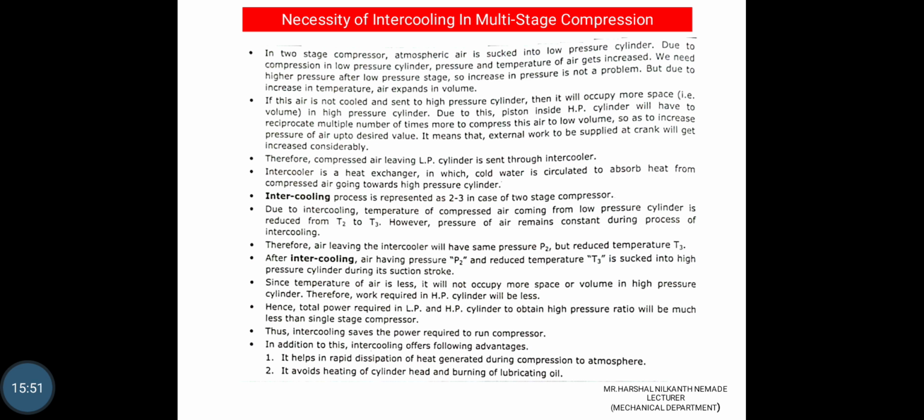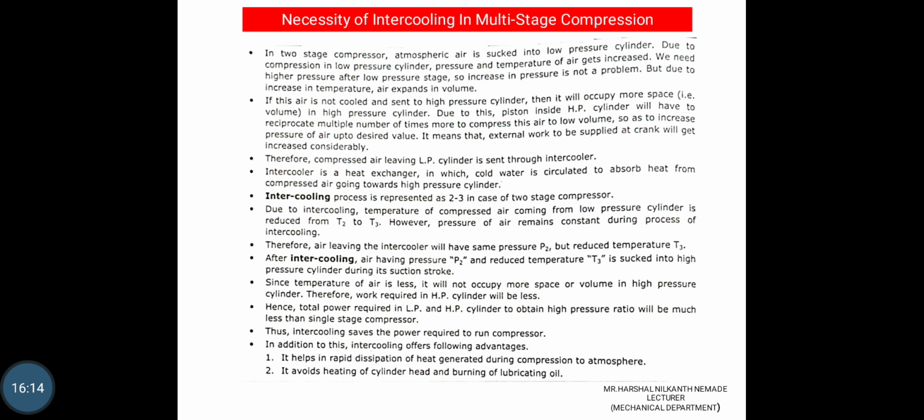Due to the intercooler, the temperature of the compressed air coming out of the low pressure cylinder is reduced from T2 to T3. However, the pressure of the air remains constant during the intercooling process. Therefore, the air leaving the intercooler has the same pressure but reduced temperature T3.